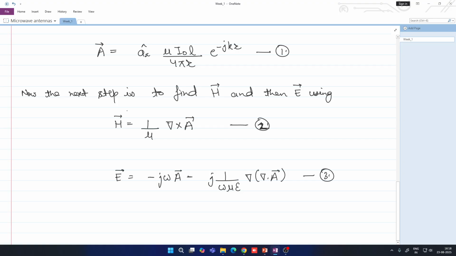Now we will transform equation 1 from the rectangular coordinate system, in which it is now, into spherical components. Then we can easily use equations number 2 and 3.